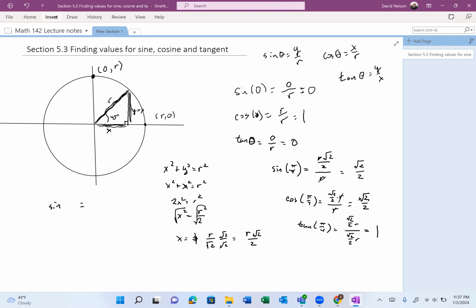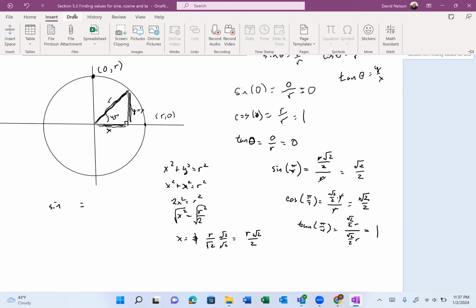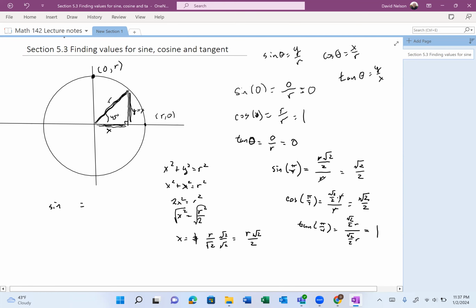Sine of 90 degrees, or the sine of pi over 2. 90 degrees is equivalent to pi over 2. The sine of pi over 2 is going to be the ratio of the y-coordinate to the radius. So the y-coordinate is r divided by r. So I end up with 1 there for the sine of pi over 2.